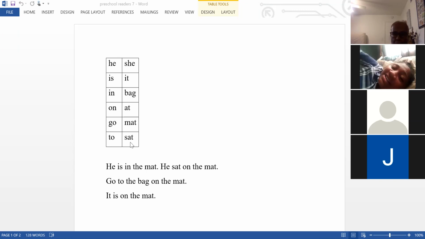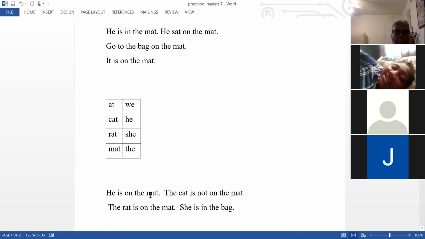So you teach these: bag, B-A-G, bag. You teach mat, sat, and they learn the new words. This is just introducing sounding out and learning new words. He is on the mat, and it has a lot of repetition here using mat three times and bag once.